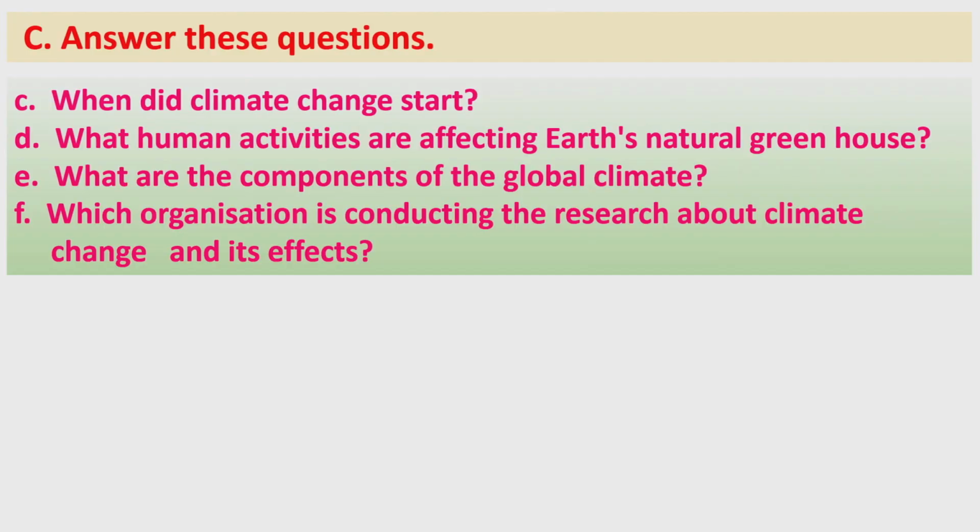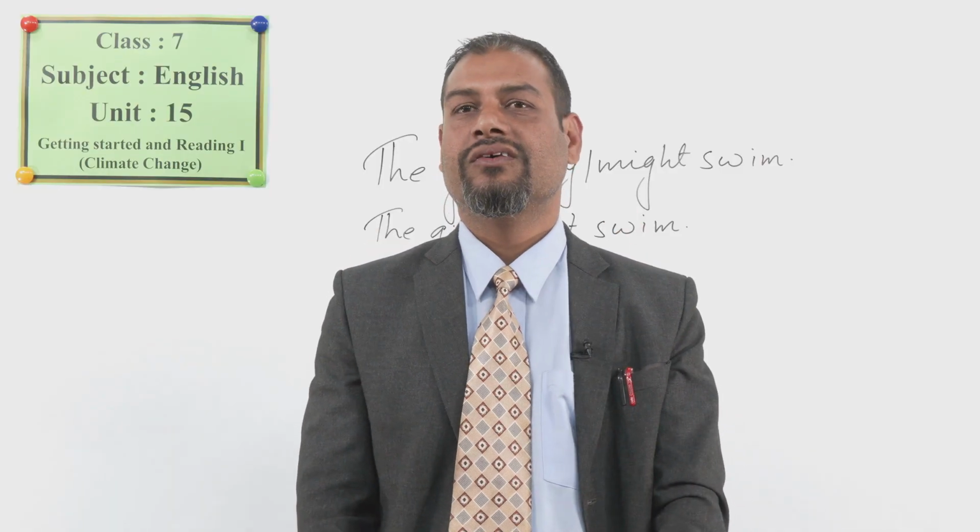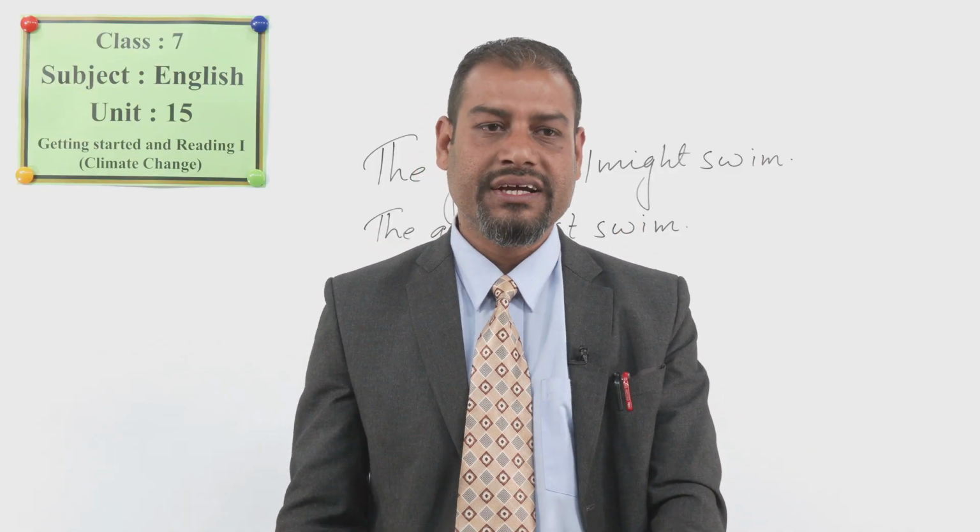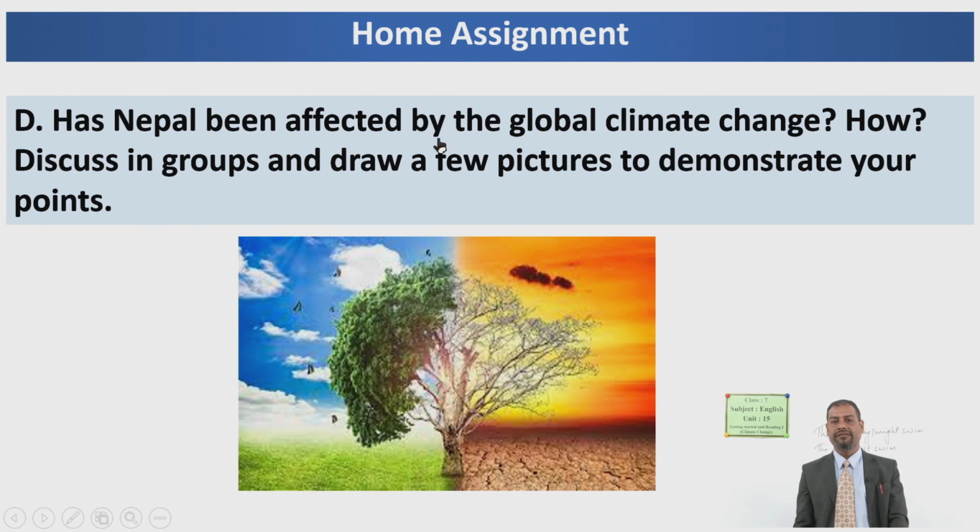Okay. Now at last I have a homework for you, and your homework is, has Nepal been affected by the global climate change? How? Discuss in groups and draw a few pictures to demonstrate your points. You can draw this type of picture. This is an example for you. See, when there was not global warming, we have this type of climate.